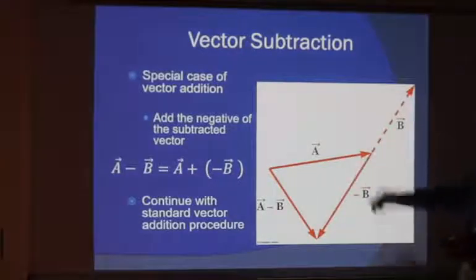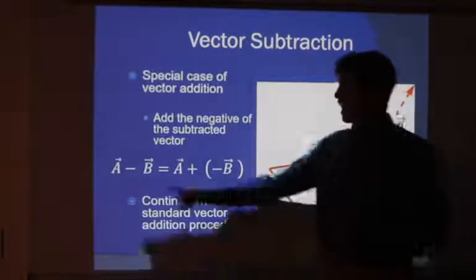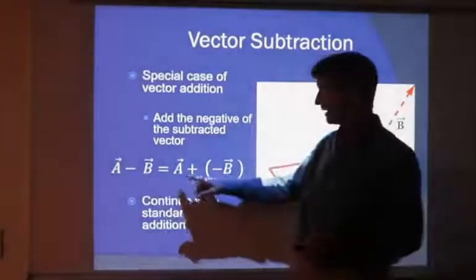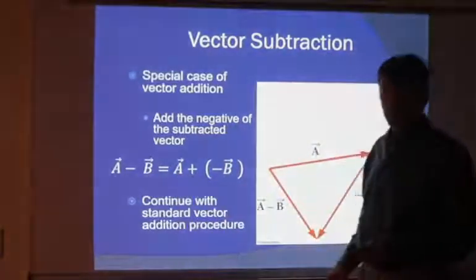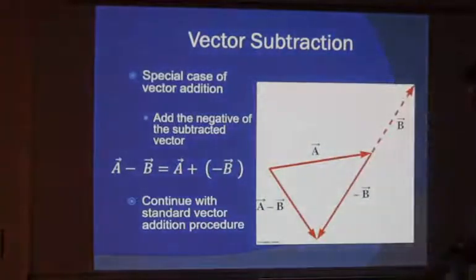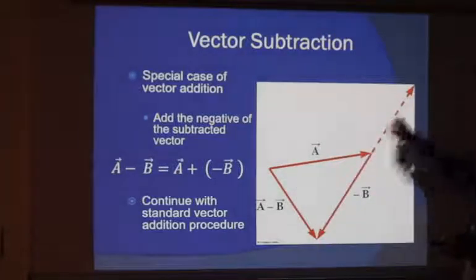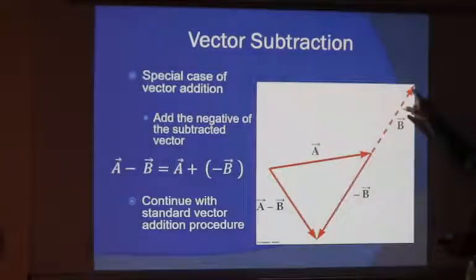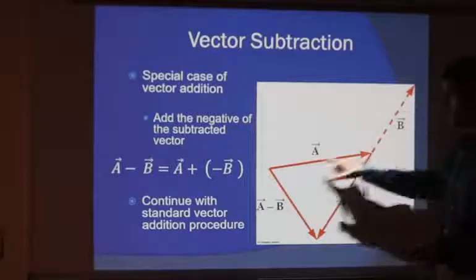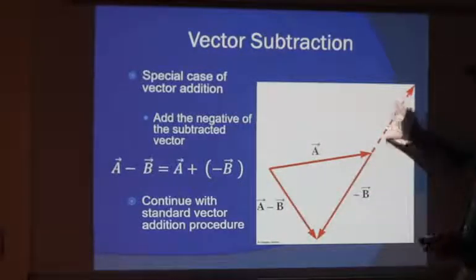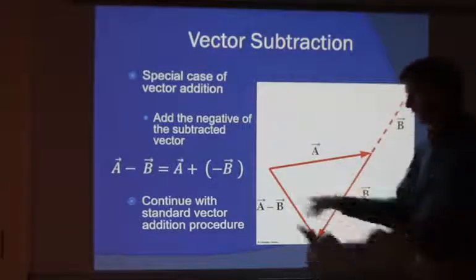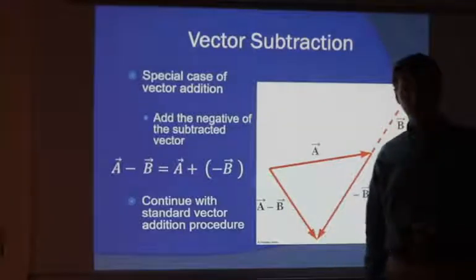And again, vector subtraction, A minus B is just taking A plus the negative of B. Okay? Here's A, here's B. A plus B would give me a resultant like this. But if B is going this way, we rotate 180 degrees. A minus B looks like this.